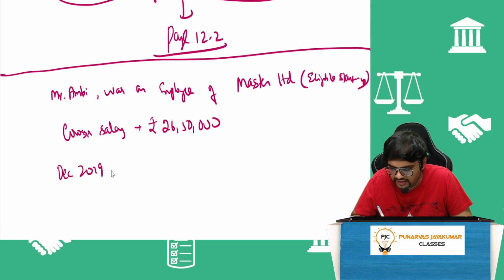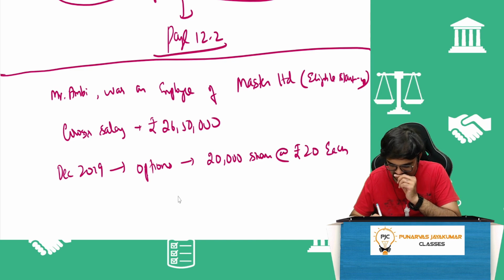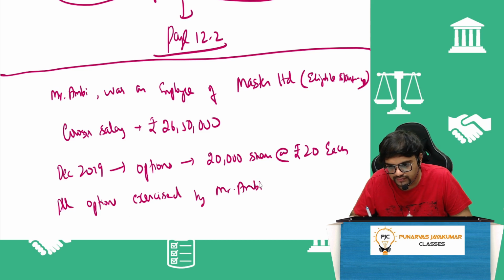In December 2019, granted options to apply for 20,000 shares at 20 each. All options were exercised by Mr. Ambi on 1st March 2020.